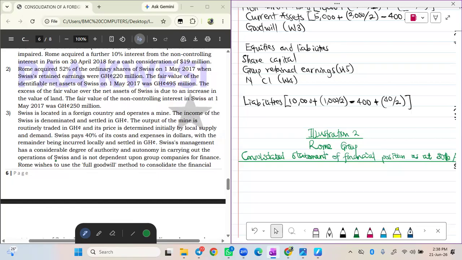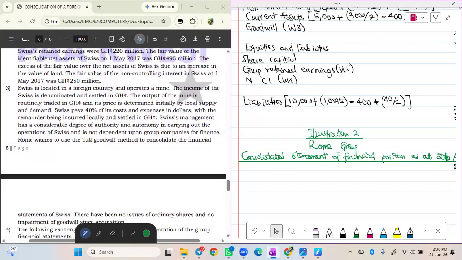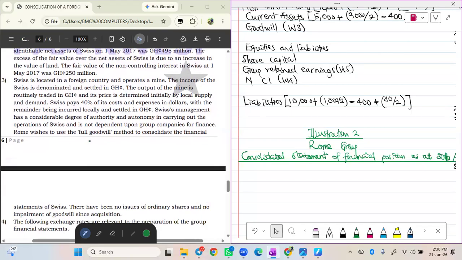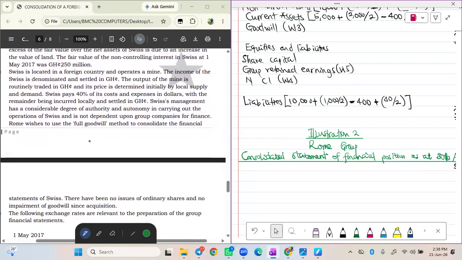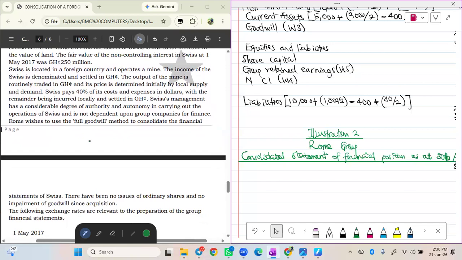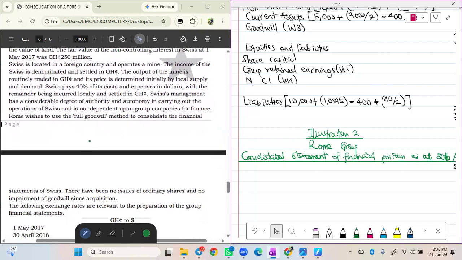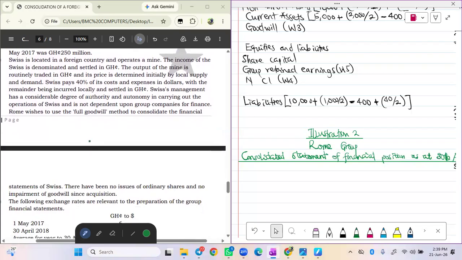3. Swiss is located in a foreign country and operates a mine. The income of Swiss is denominated and settled in Ghana cedis. The output of the mine is routinely traded in Ghana cedis, and its price is determined initially by local supply and demand.